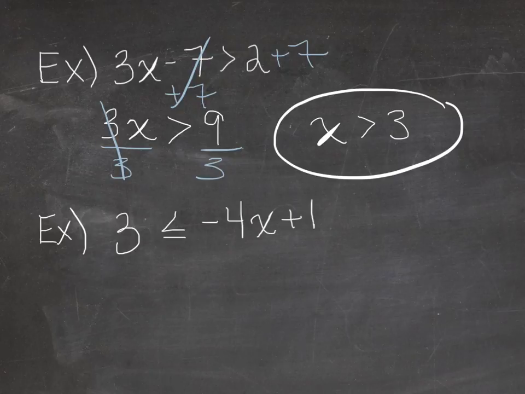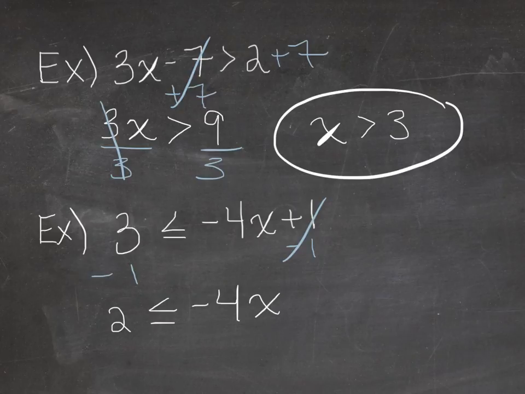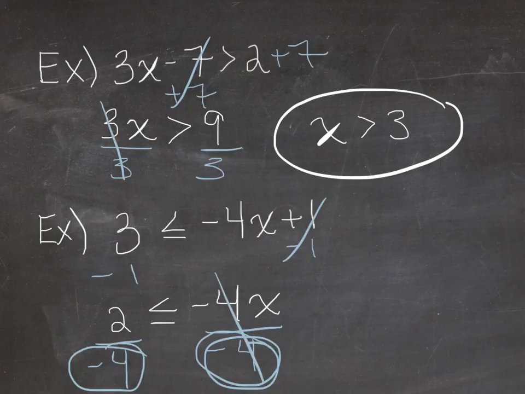And then in this one here, I have 3 is less than or equal to negative 4x plus 1. To start solving for that, I need to subtract 1 from both sides. I want to isolate that x. So I have 2 is less than or equal to negative 4x. Okay, and my last step is to divide both sides by negative 4. But you have to be careful. I'm dividing by a negative number.